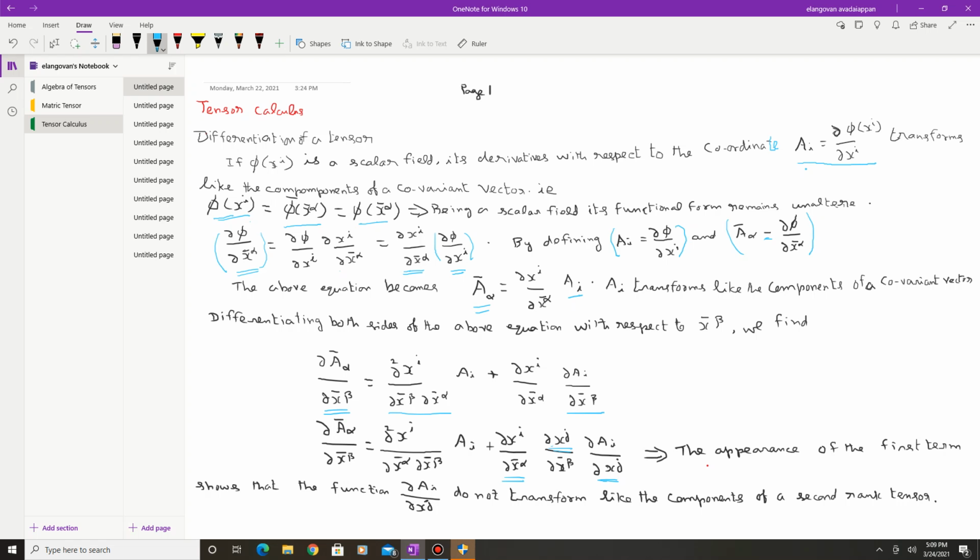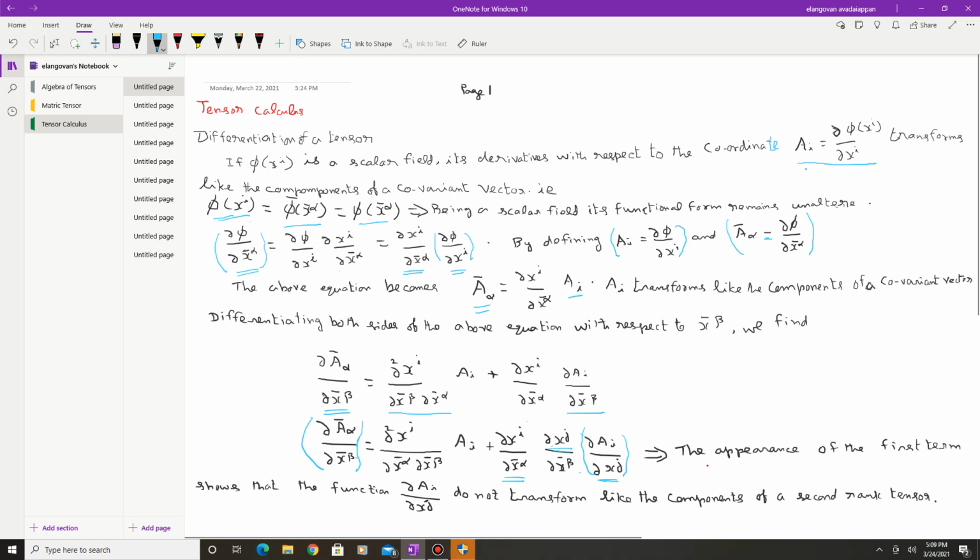Now this function, partial dai by dxj, is the differentiation of this vector with respect to the unbarred coordinate system. This is the differentiation of a alpha bar with respect to the barred coordinate system. These two are related by this transformation relation.